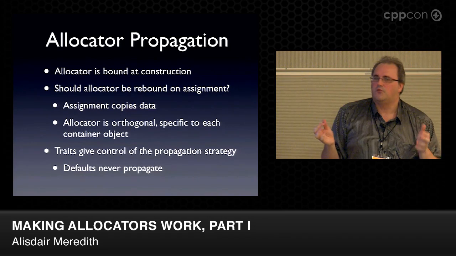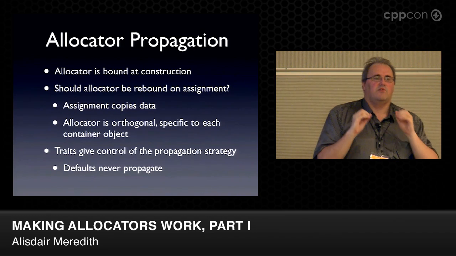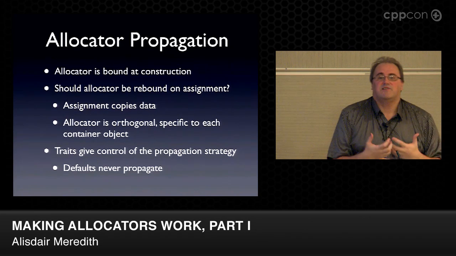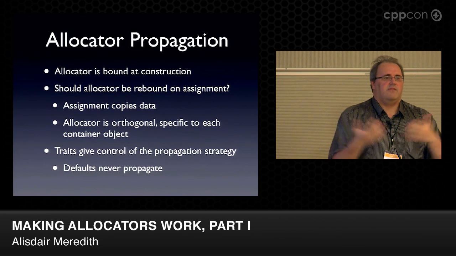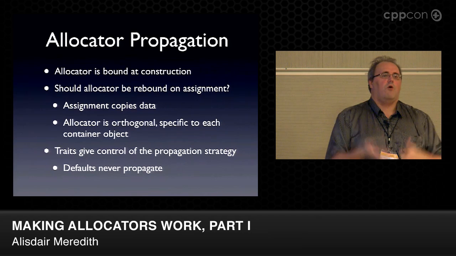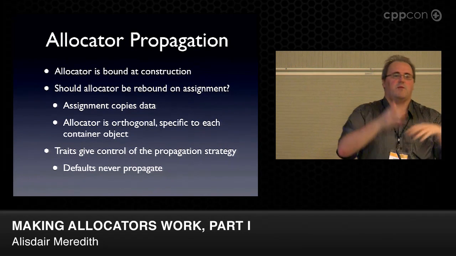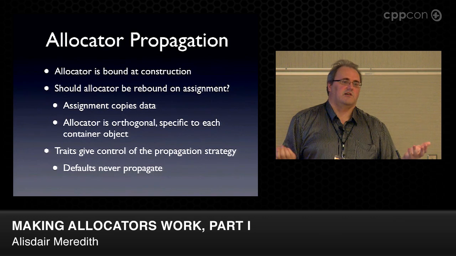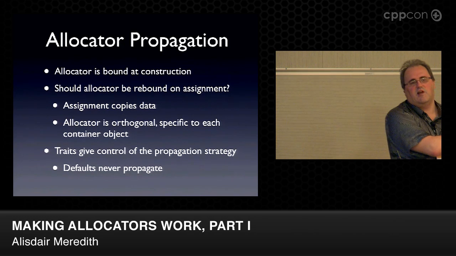So we get this world where allocators generally don't always want to propagate. But there was also a strong familiarity with people who liked the idea that if we hadn't thought about this, we just naively always swapped and assigned our allocators when we moved elements around. And especially when you think in terms of something like a move construction, the whole point of the move construction is to efficiently move that memory across, and that would take the allocator with it.